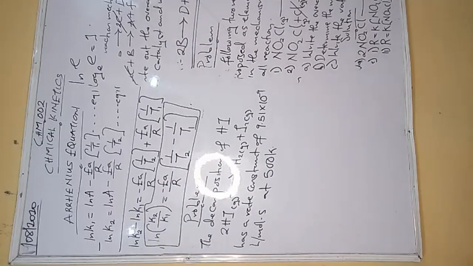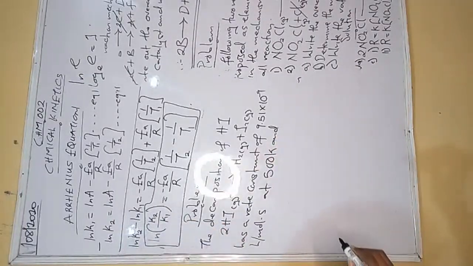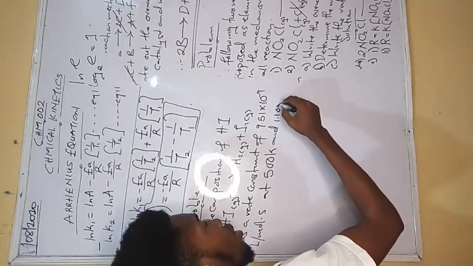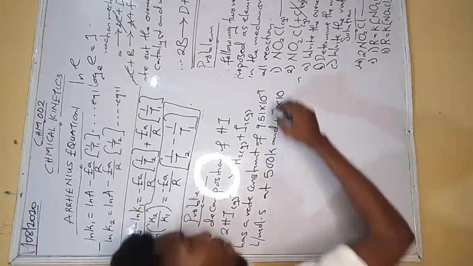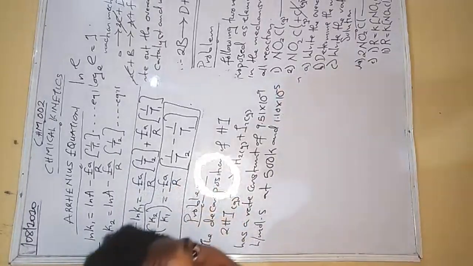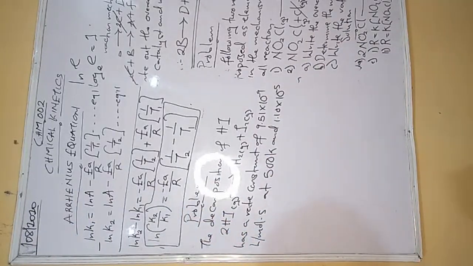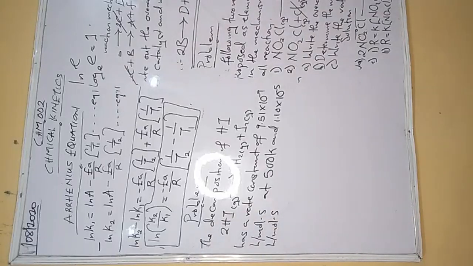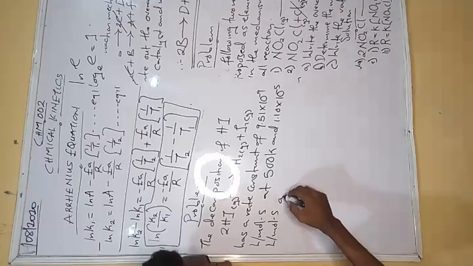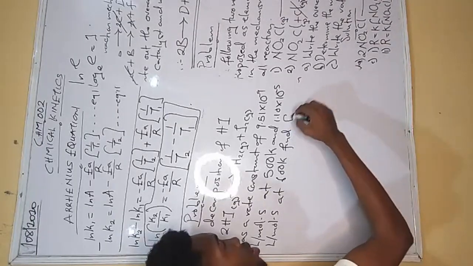And it also has a rate constant of 1.10 times 10 raised to the power of minus 5. If somebody should be with a calculator, we're doing a lot with the calculator. Liters per mole per second at 600 Kelvin. Find EA.